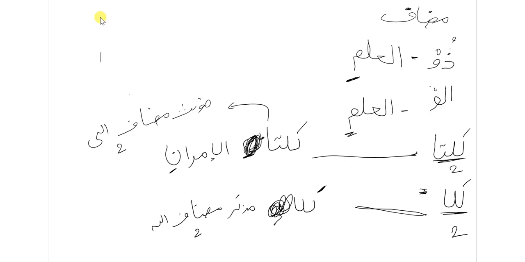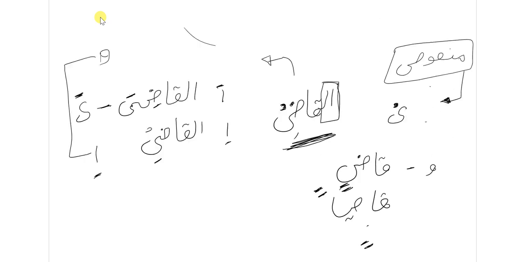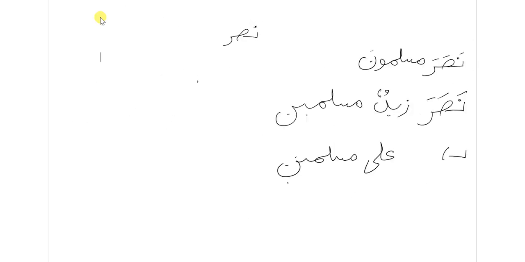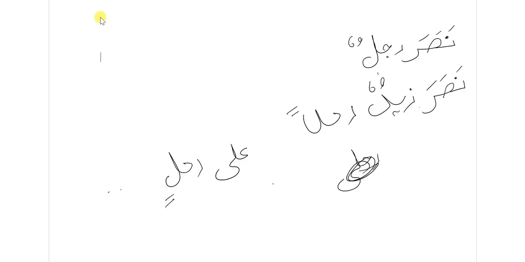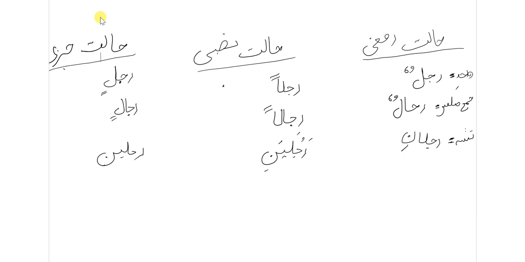So kila and kilta are used to emphasize the meaning. They do not have any separate meaning in the translation. If you couldn't understand this right now, try to repeat this video and watch a few more times. You will get it, inshallah. It's not a big deal or a complicated one.